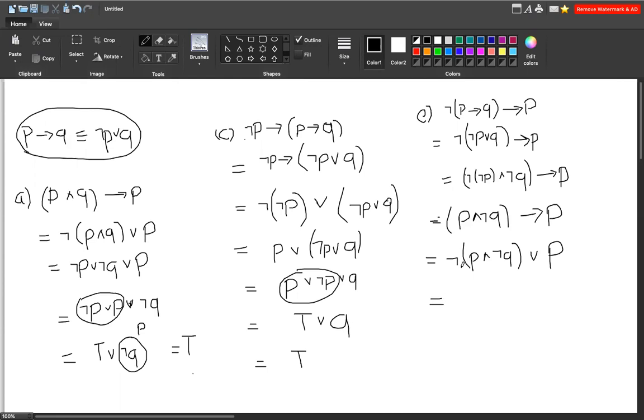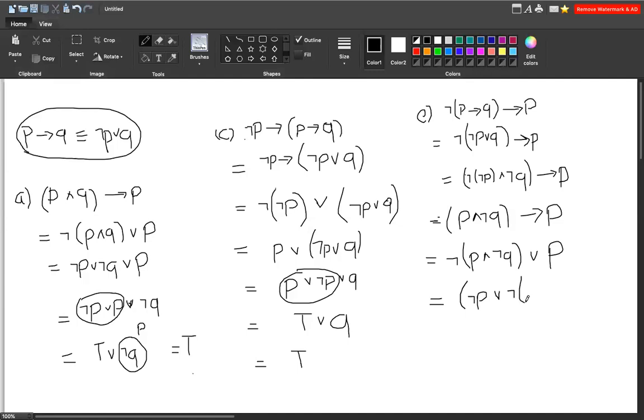Okay, applying De Morgan's laws once again. Negation is going to be negation of P. This and becomes or.